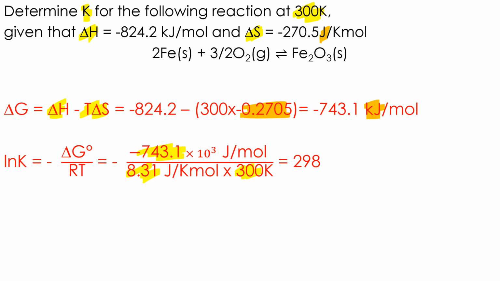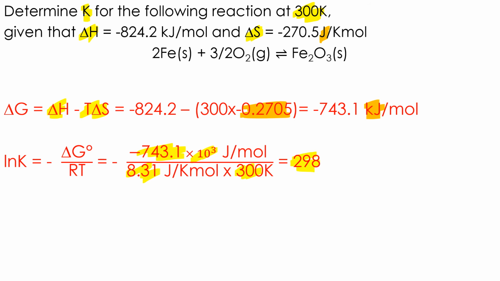One of you will ask me why I am multiplying by 1,000. Because we have to unify the units. The unit for R is 8.31 joule. So we should convert this into kilojoule, or I can convert delta G into joule. So you can multiply the value for delta G by 1,000, or you can divide the value for R by 1,000, and you will get the same answer.